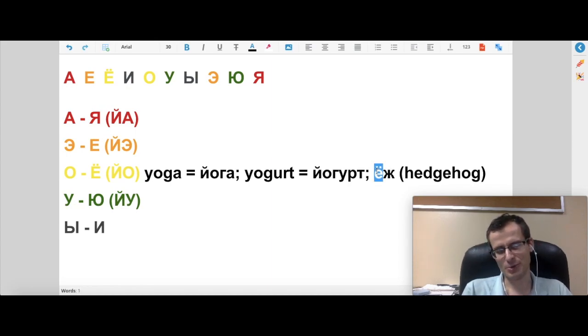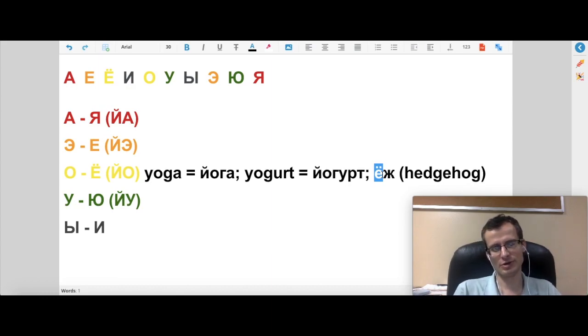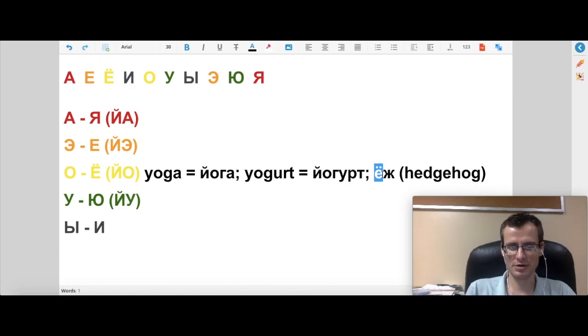It's really weird, but these days we just don't spell the dots over the yo. It's a fun fact for you guys to know. So don't be surprised if you see a word spelled with just yeah, but Russians will be pronouncing it as yo. That's just because for some reason we stopped putting the dots over the yo.